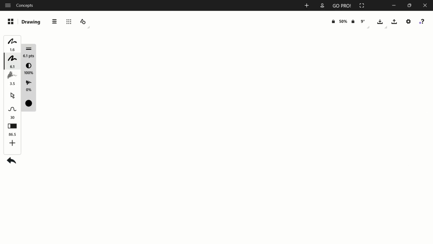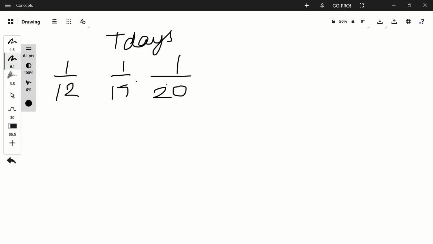Let the total time taken to finish the work be T days. A's working rate is 1 by 12, B's working rate is 1 by 15, and C's working rate is 1 by 20. C worked for 2 days, A worked for T minus 2 days, and B worked for the full T days. The total work done is 1.